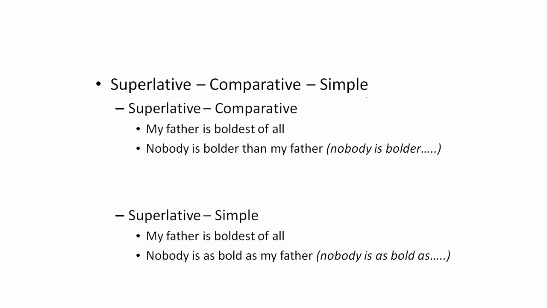Continuing with the guiding principles that we have learnt, observe the following sentences once as superlative, comparative, and simple. We're considering the first rewriting possibility, how to write superlative degrees into comparative. My father is the boldest of all.